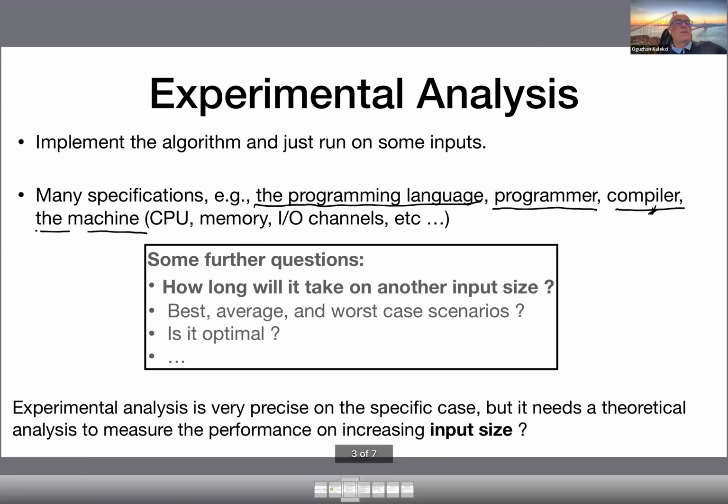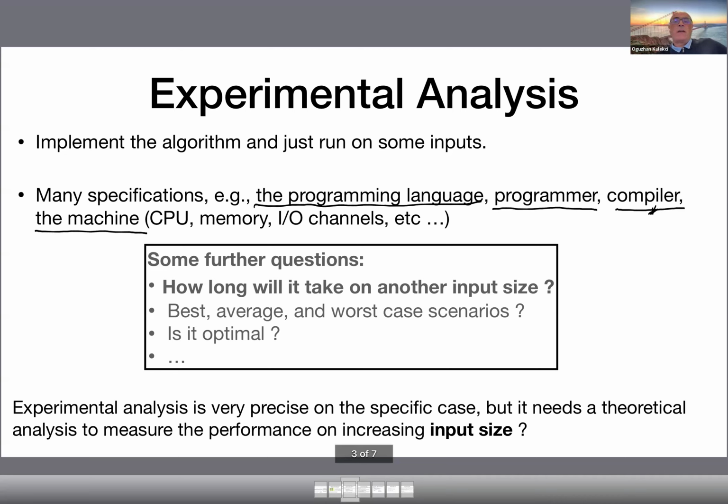Also, the machine. So the computers have different processors, right? It might be an Intel processor, it can be an AMD processor, an Apple processor, I don't know. So there might be many differences. And also the architectures may be different. What kind of memory you are using, how it is connected, the architecture, IO channels, everything.